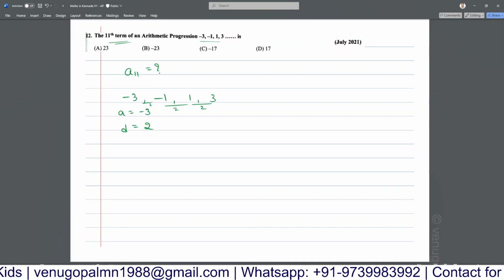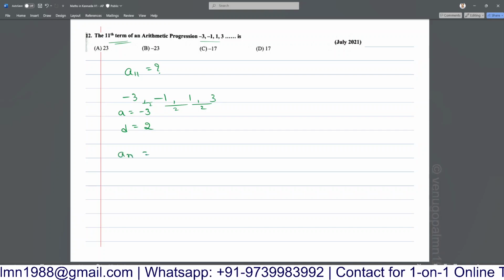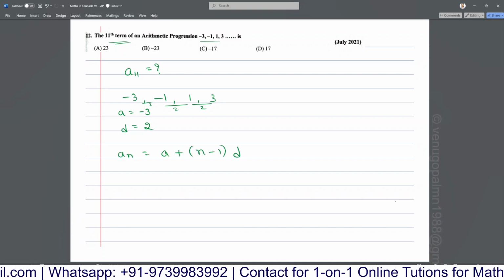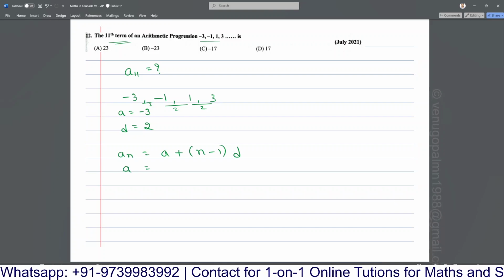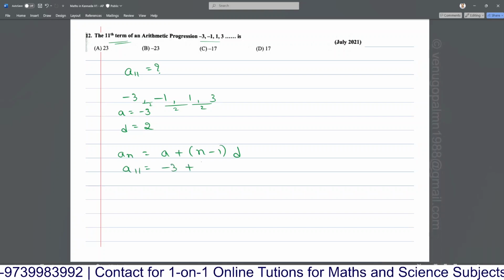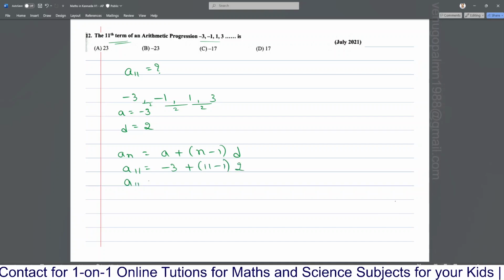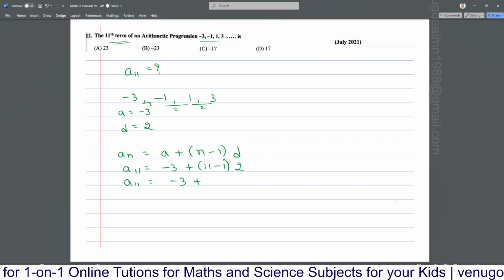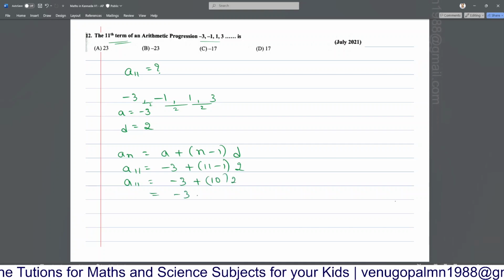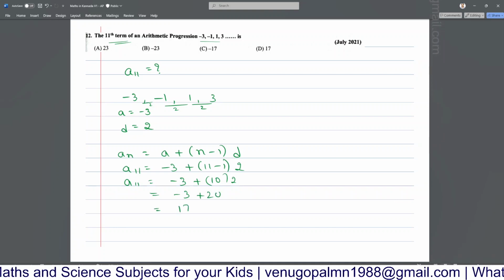So now we know a of n, the nth term of an AP, is equal to a plus n minus 1 into d. So a of 11 is equal to minus 3 plus 11 minus 1 into 2. That would be minus 3 plus 10 into 2, which is minus 3 plus 20, 10 twos are 20, which is equal to 17.